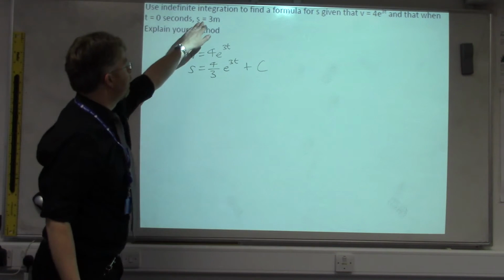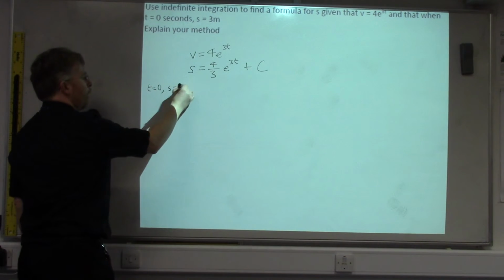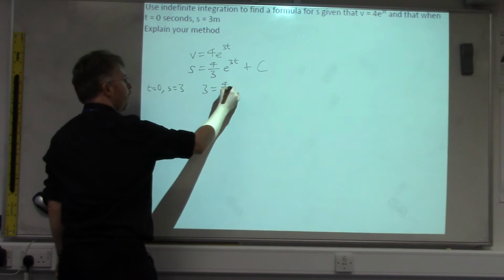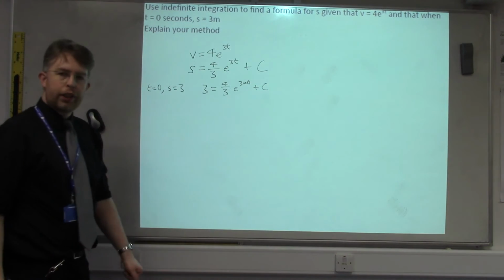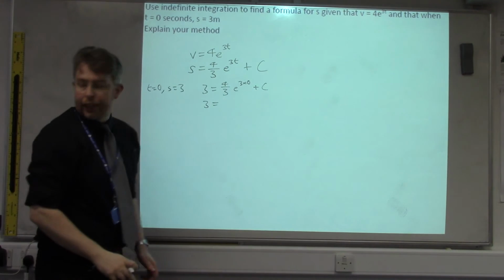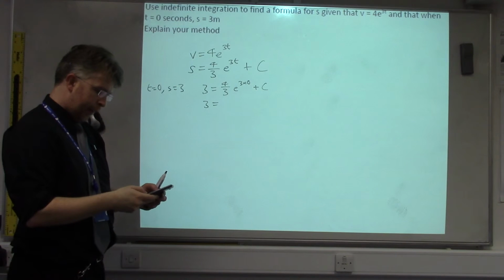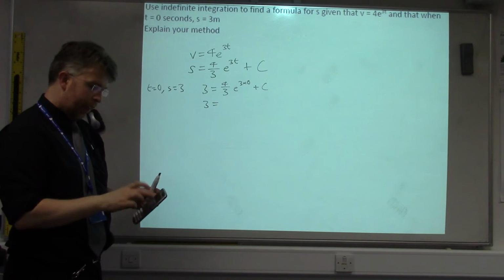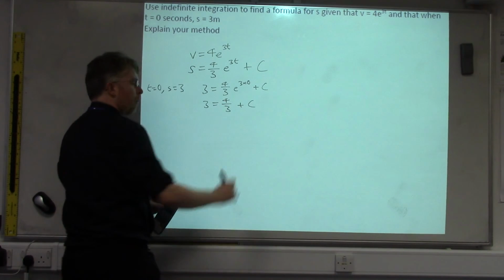And again, we're given the information t equals 0, s equals 3. So we stick those in. 3 equals 4 over 3 e to the 3 times 0 plus c. Stick that bit into the calculator. So 4 over 3 times shift e to the 3 times 0, and it tells us it's equal to 4 over 3 plus c.